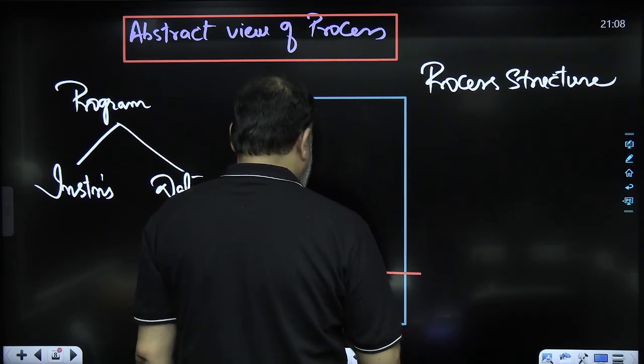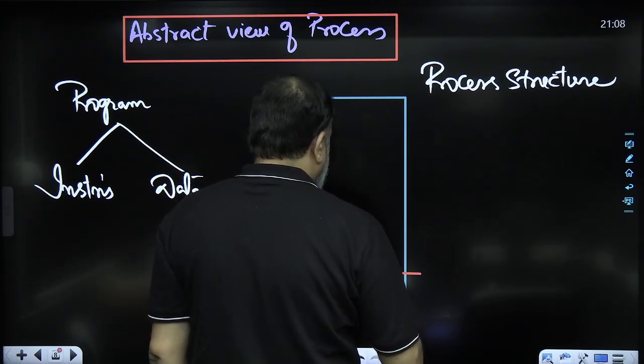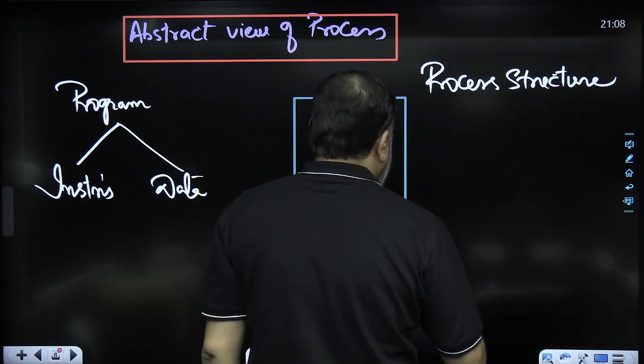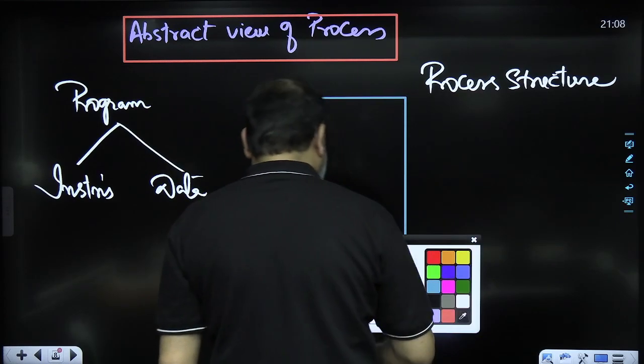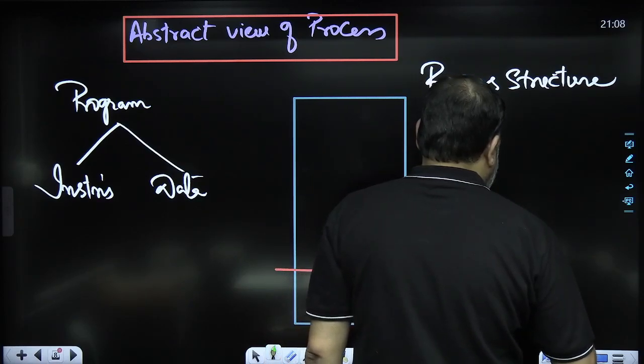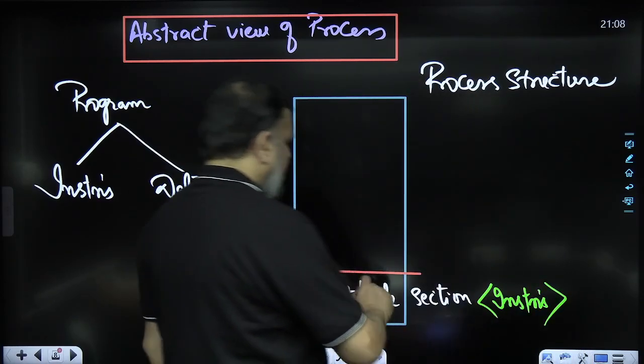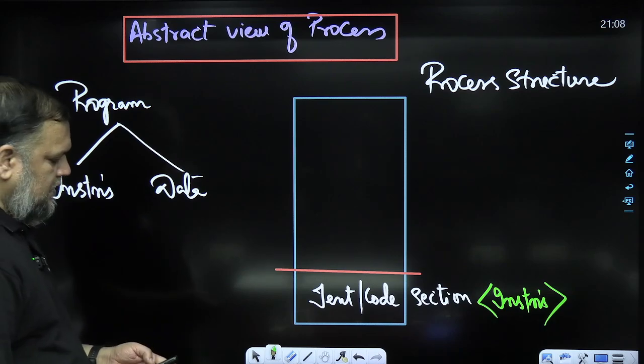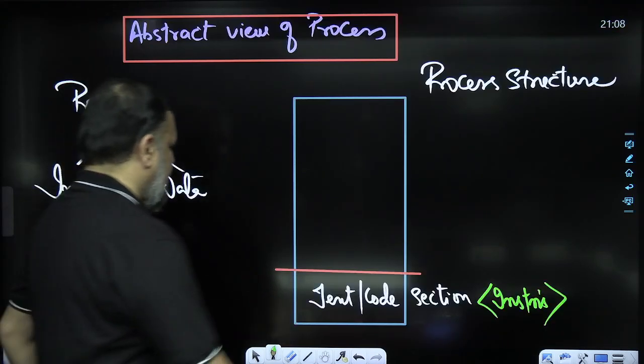Text, this is also called code section. This text or code section of the process structure in memory contains all the instructions of the program, all the instructions are taken and accommodated here. And then I have the global data section.